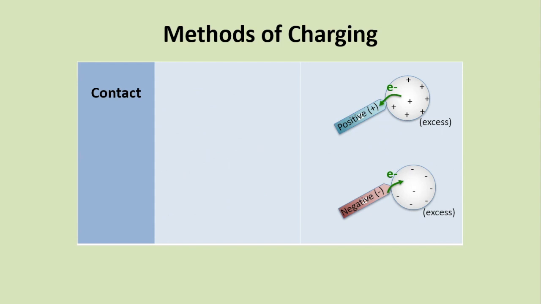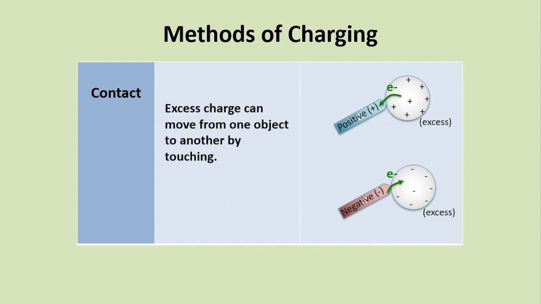Now let's take a look at contact. We're going to define contact as excess charges being able to move from one object to another just by touching. On the right-hand side, we have some object over here. Is it a conductor or insulator? Well, these charges are pretty evenly spaced out, so I'm going to say it's a conductor.